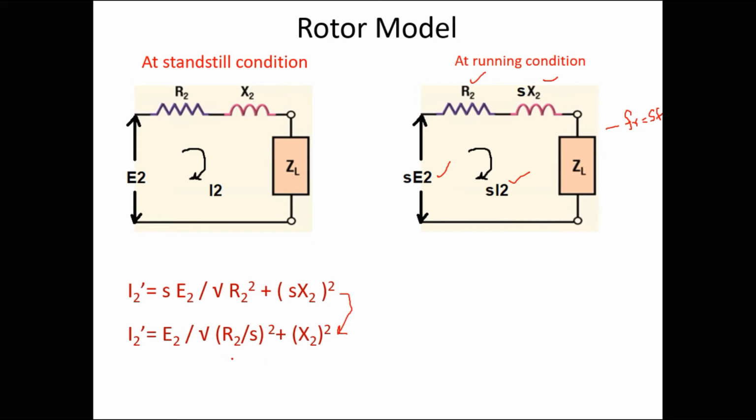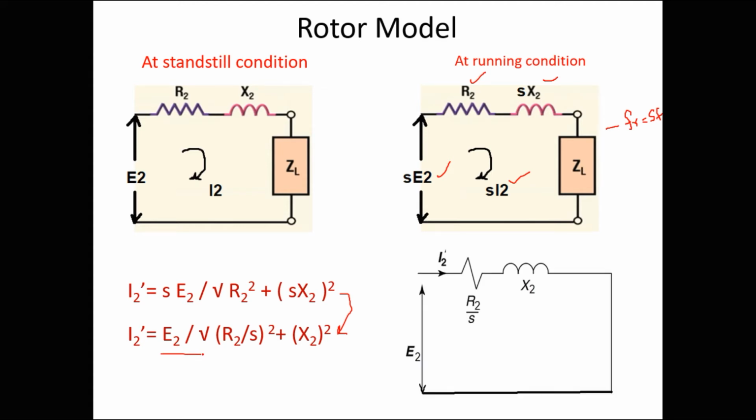So here, rearrange the value of slip, and according to this equation we are going to redraw this rotor model. Here we have E2 instead of SE2, and instead of R2 we have R2 by S, and SX2 will become X2.